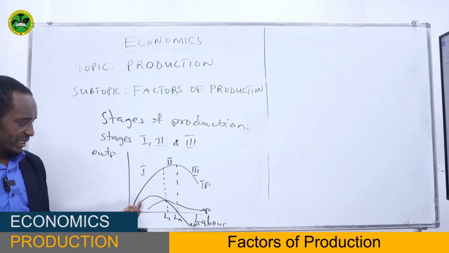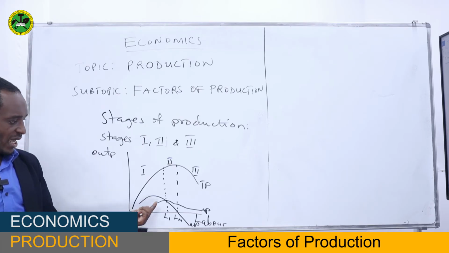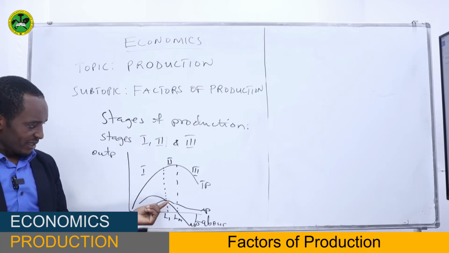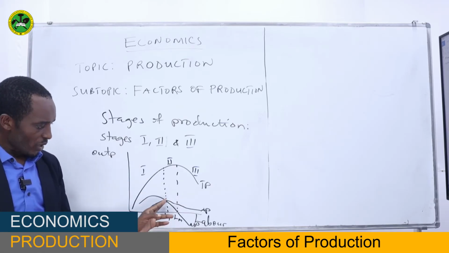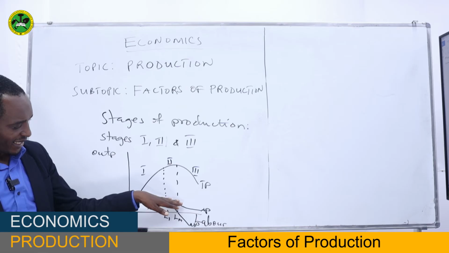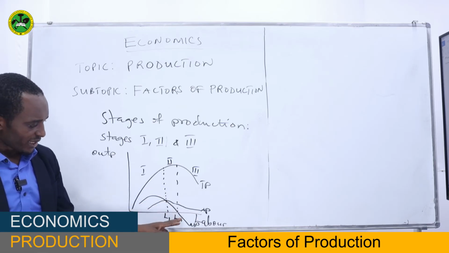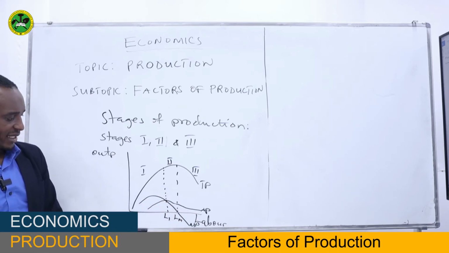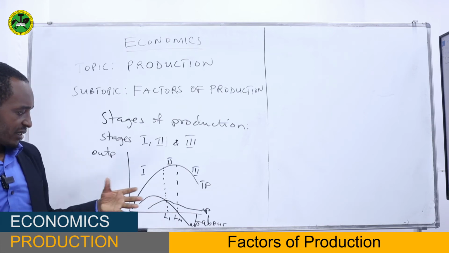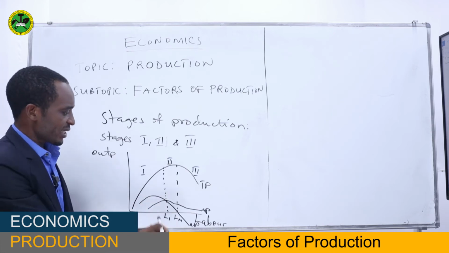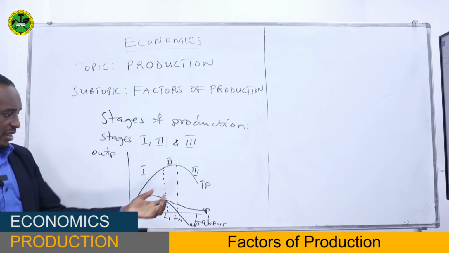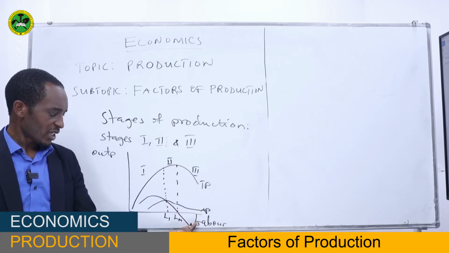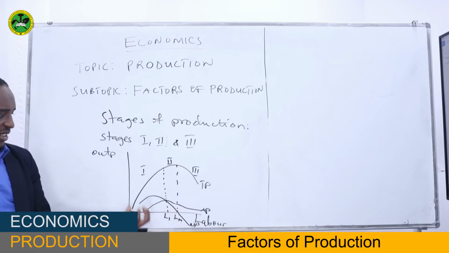When this one is increasing, this will be below, and when this is greater, the marginal product is declining. So this is a relationship which exists between average product and marginal product. So the 3 concepts of total product, average product, and the marginal product have this relationship.